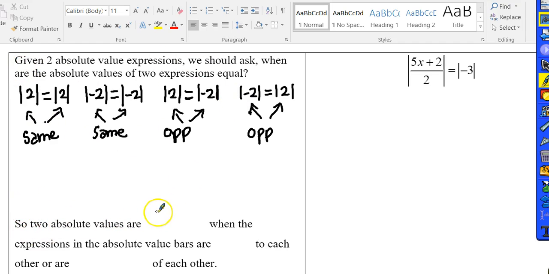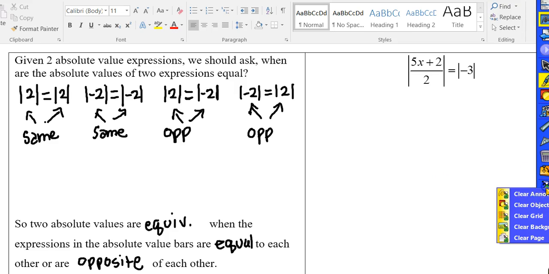Two absolute values are equivalent when the expressions in the absolute value bars are equal to each other, or if they are opposites of each other. That's the conclusion we need to come to. We're going to be looking for two versions that will give us all of the solutions.